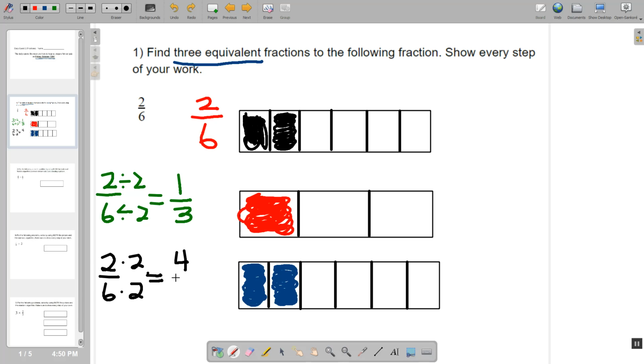That would create 4/12. So I'm going to cut every 1/6 into 2 equal boxes because that's what we're doing right here. So I start with my 2/6. I cut every box into 2 equal boxes, and I have now created 4/12.